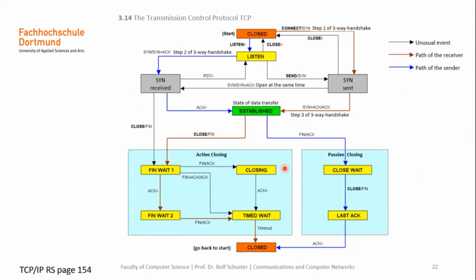But we could stay in half connections for a while, or typically, if we don't need to send the remaining data, we exchange the FIN and the ACK without continuing transmitting data.